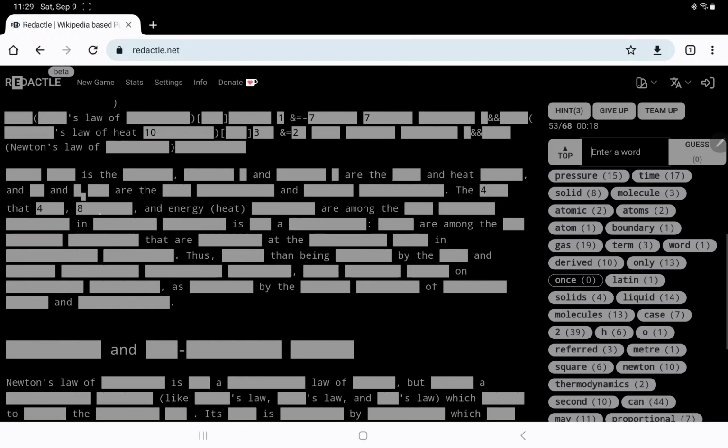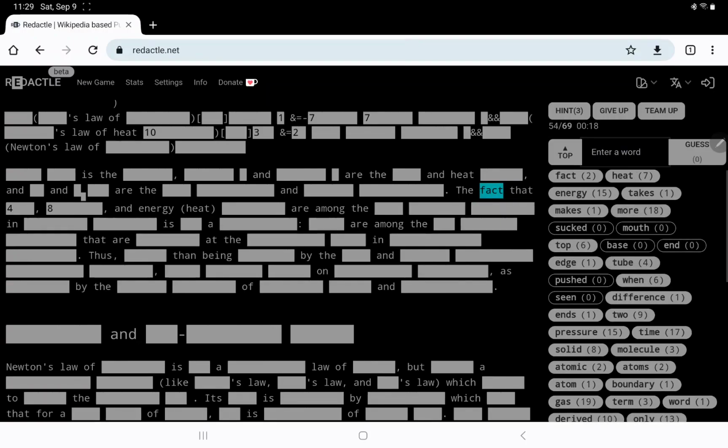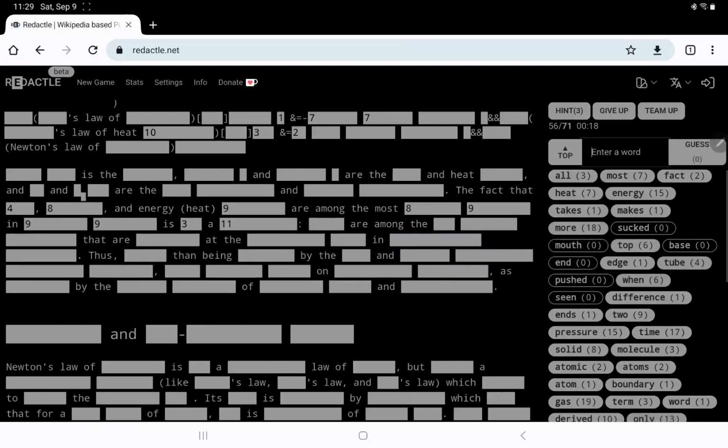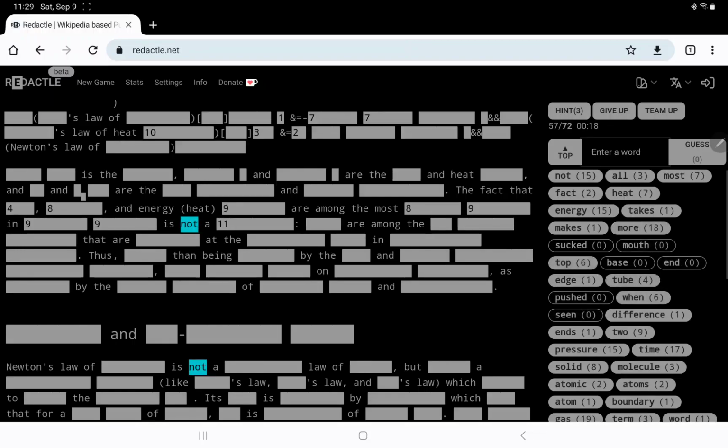I thought we would have them here. The fact that 4, 8, and energy 9 are among the most 8, 9, and 9, 9 is not a coincidence.